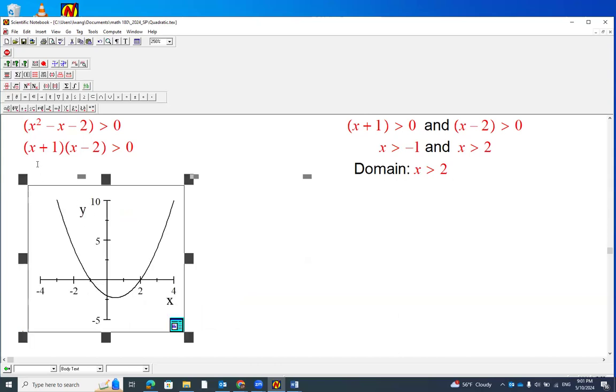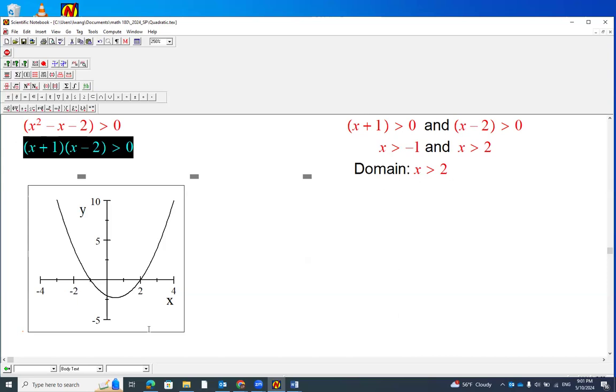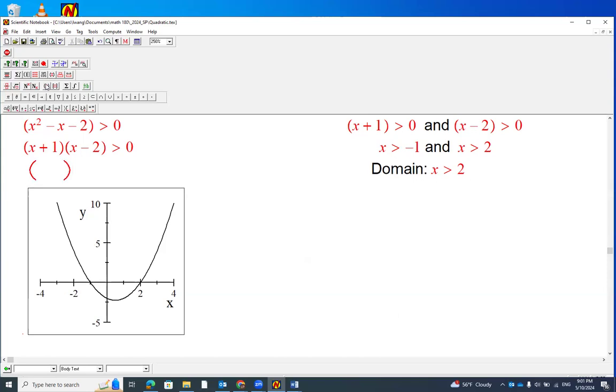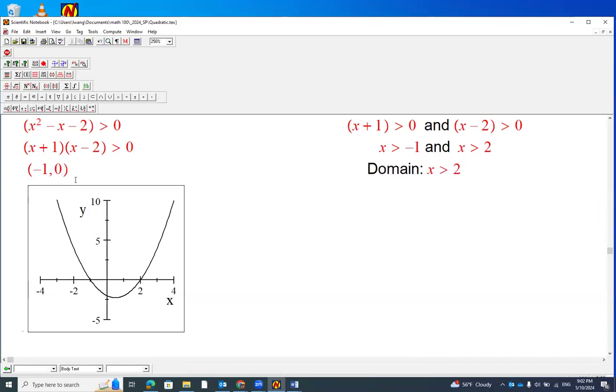So we're asking the entire curve to be positive. We have worked on these kinds of questions. So we have x-intercepts at (-1, 0) and (2, 0).